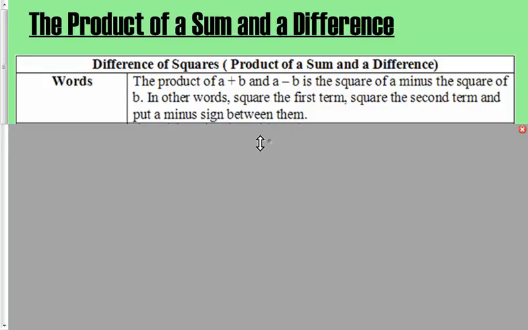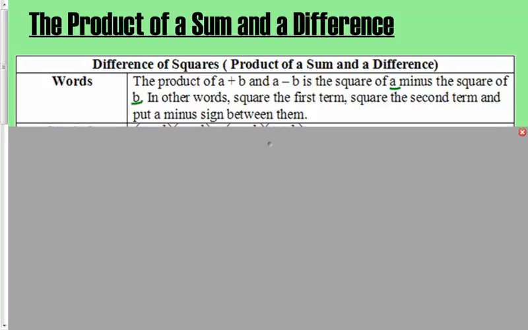The product of something plus something else, so a plus b, and that same something minus that other something else, so a minus b, is equal to the square of a minus the square of b. In other words, square the first term, square the second term, and put a minus sign between them.